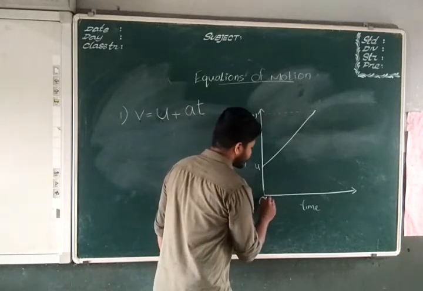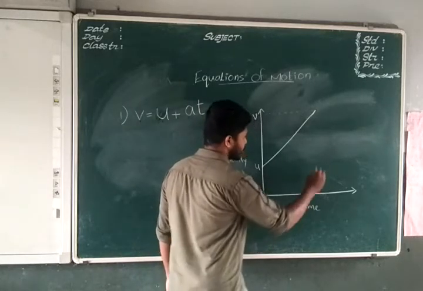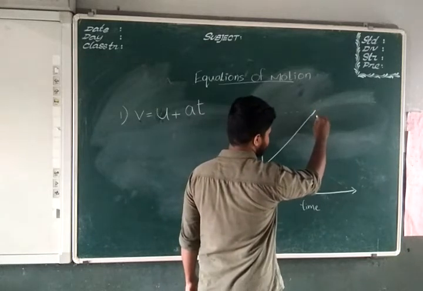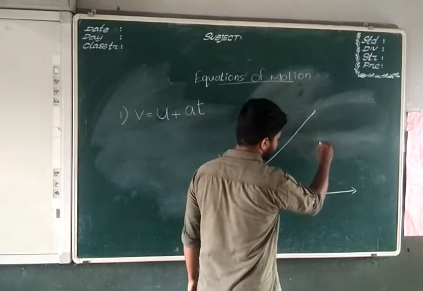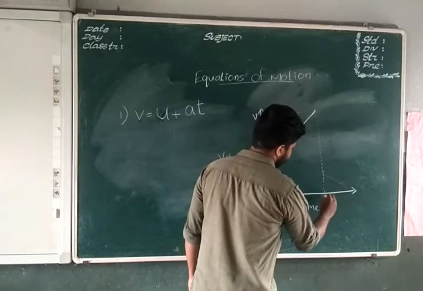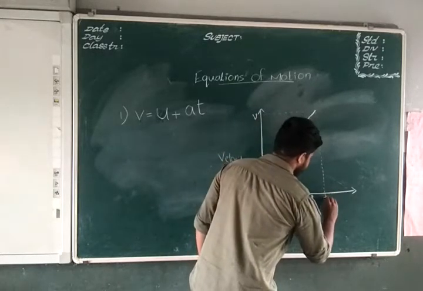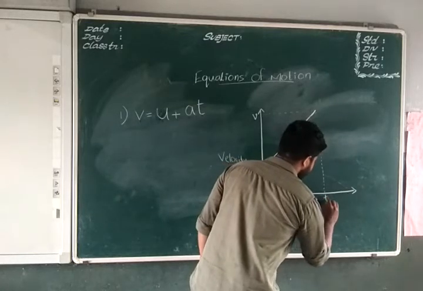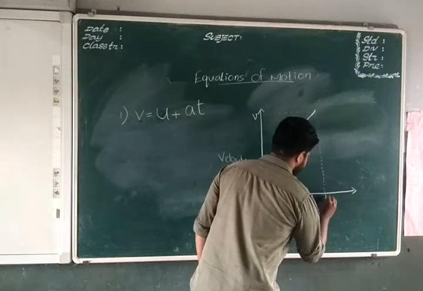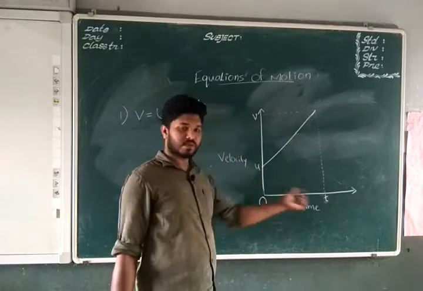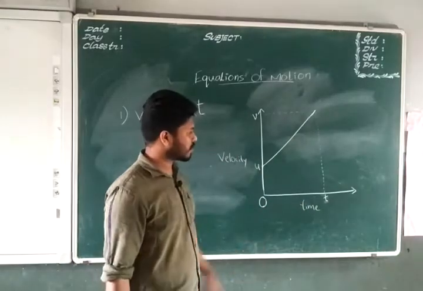And now here we have time. Let small letter T be the time, from 0 to T. That is the time taken.